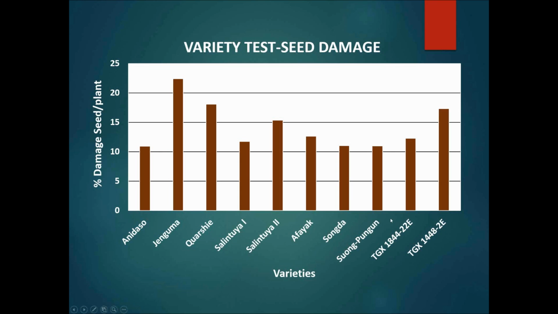And this is what I got from the field damage. Janguma came up in the varietal trial with around 22% damage per plant, and the lowest coming from Songa, around 11% per plant.